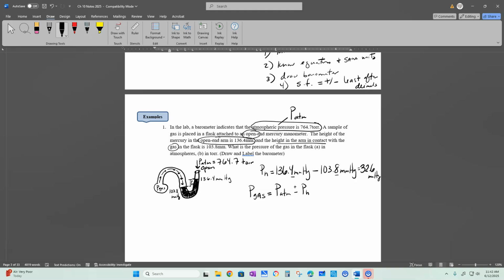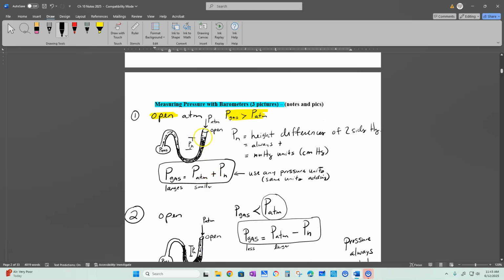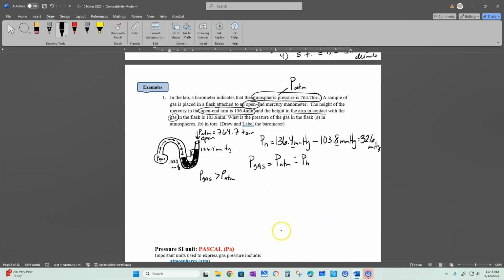So that means my P gas must be greater than my atmosphere. And let's check above. If the pressure is higher on the right side, and there it is, that means I'm going to be adding. Okay? So that's the scenario that I'm looking at.